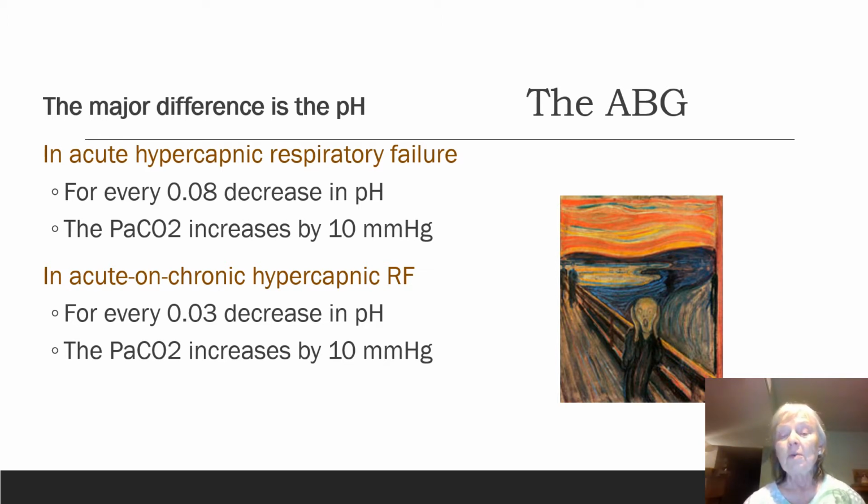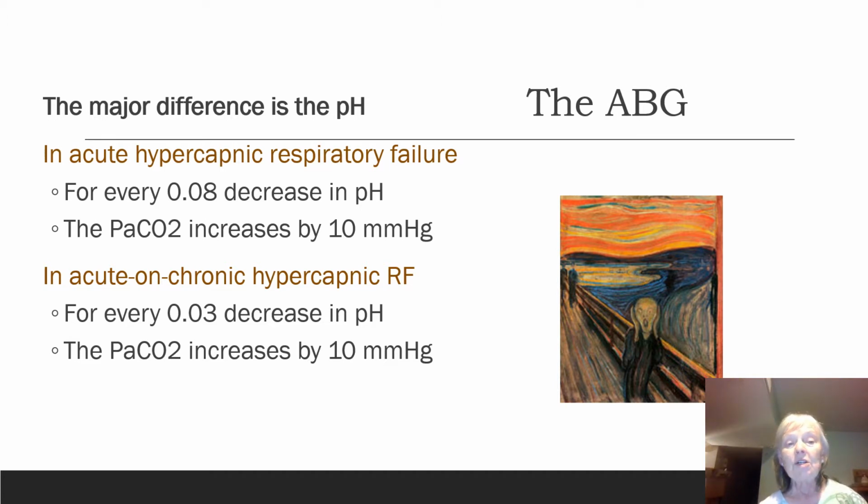The thing you need to remember is this is an acute condition. Because it's an acute condition, your bicarb is not going to be able to respond for at least 24 to 48, even up to 72 hours, depending on how bad the CO2 is. So we want to make sure that people understand these ABGs are not partially compensated; that bicarb does not belong to that ABG.